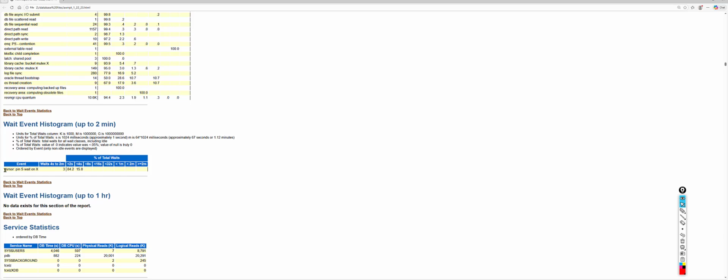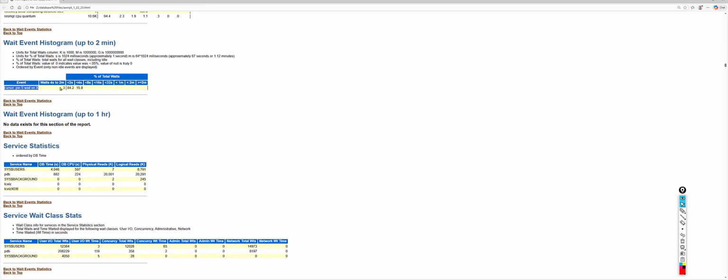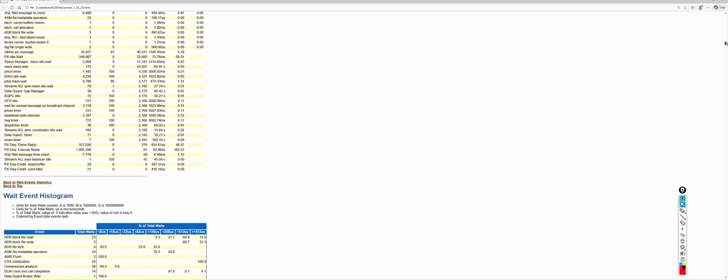Cursor pin S wait on X. Some cursor has pinned, and S wait on X means this is some wait mode. To be simple, the cursor is pinned by some session. We need to analyze that further, but this wait event is not in the top 5 or top 10 foreground events.